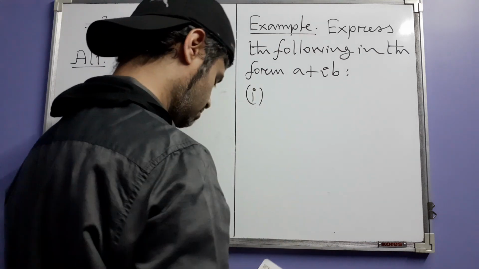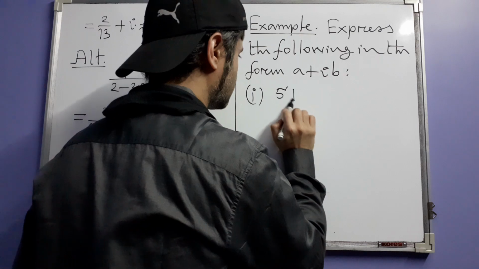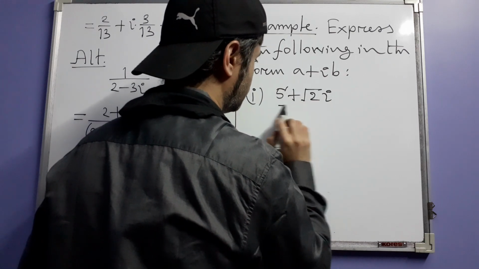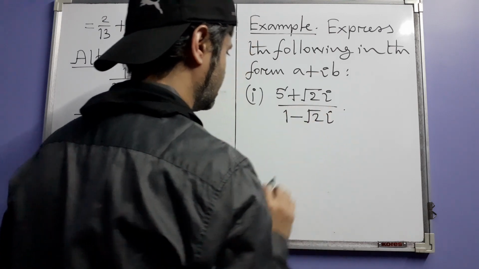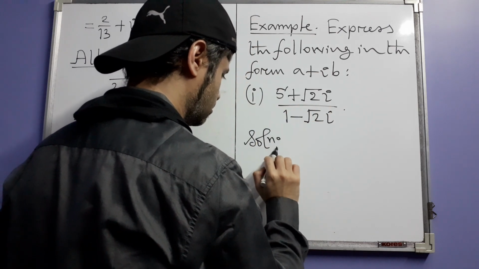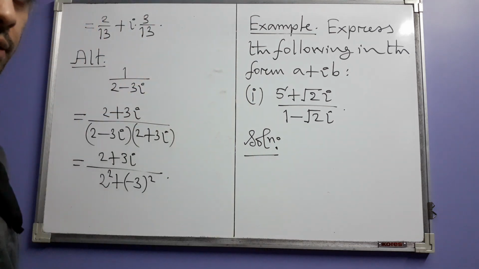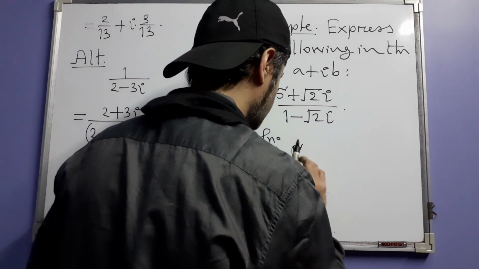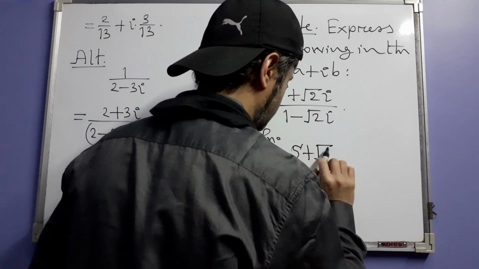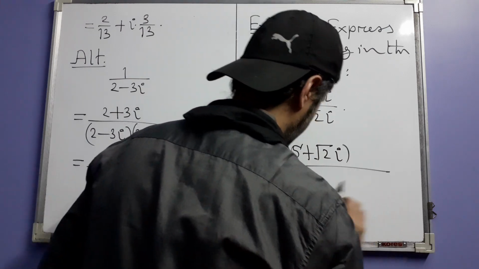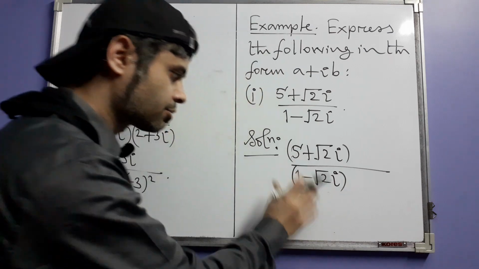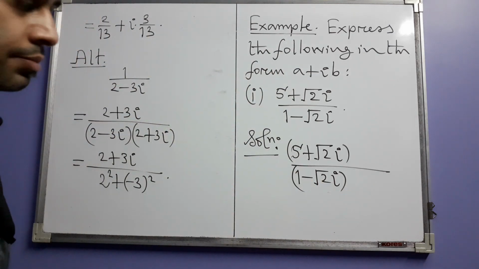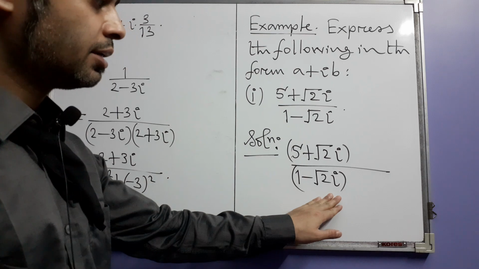Number 1, 5 plus root 2i divided by 1 minus root 2i. I will just give you the hint. You do this, that is, you multiply and divide by the complex conjugate of the denominator. You did something similar in school, no?